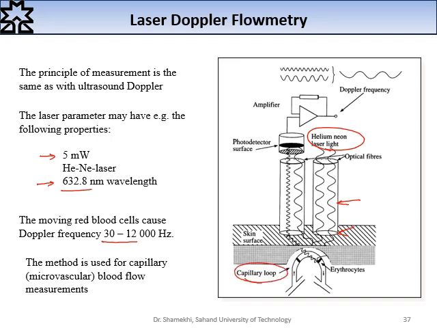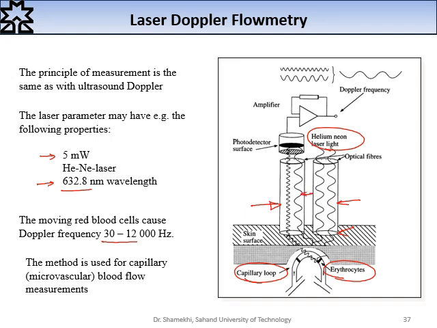As you can see, the final target is the capillary loop, and because of some cells like erythrocytes here, the reflected light has two parts.